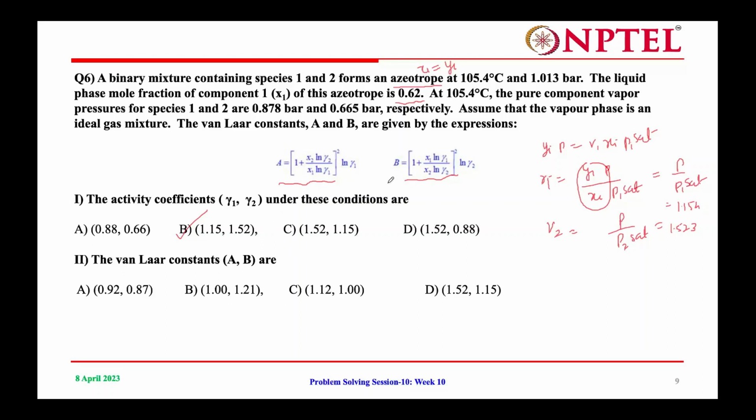In this equation you will get the Van Laar constants. So A is 1.12 and B is 1.018. So this option is right. I hope all of you are clear.